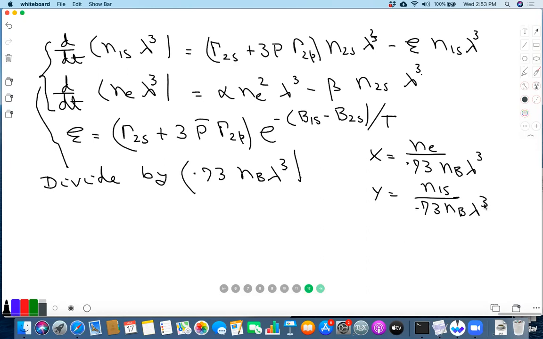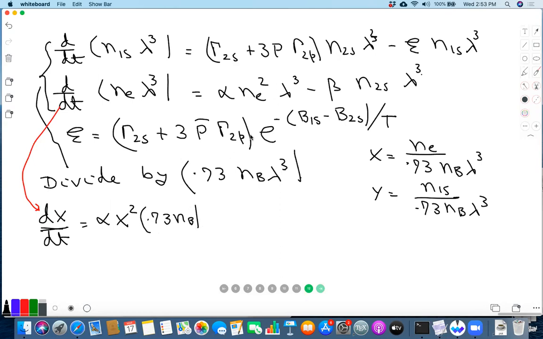So this gives you dx/dt, from the second equation, as alpha x squared times 0.73 N_B.